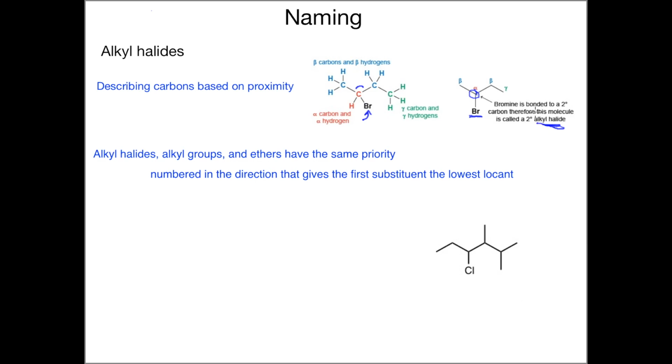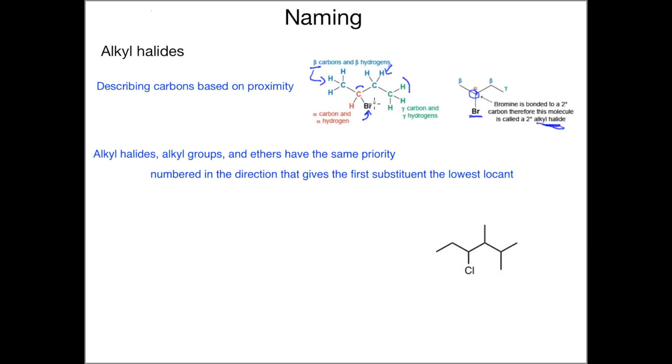So in turn, this makes this what we refer to as a secondary alkyl halide. All right, so you should get used to calling things in this sort of fashion, whereas the bromine is attached to a carbon that is secondary, and therefore it is a secondary alkyl halide, right? And we can go further. The ones that are 2 away from it, these are what we call beta hydrogens and beta carbons, right? These are 2 away from the bromine, or 1 away from your alpha carbon.